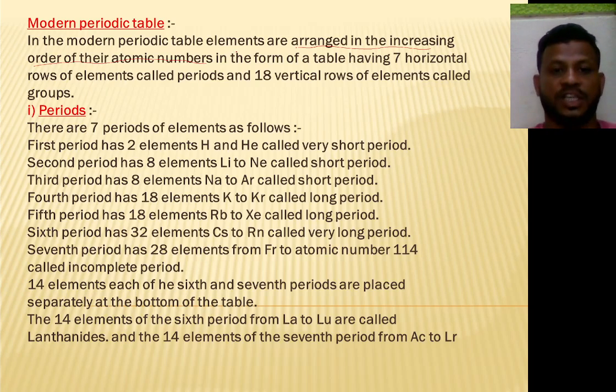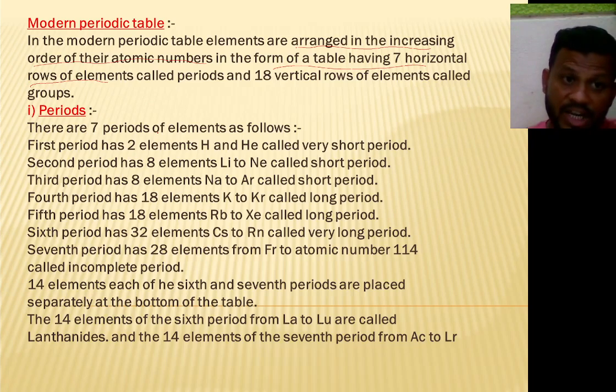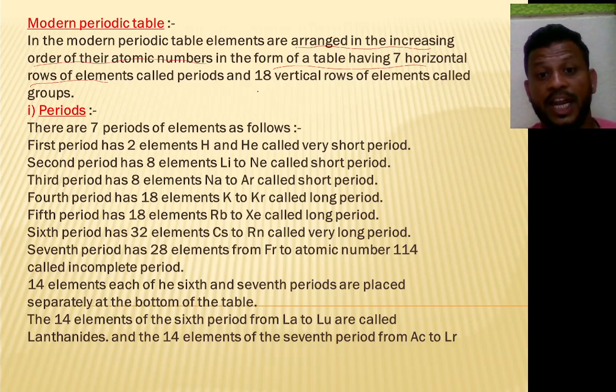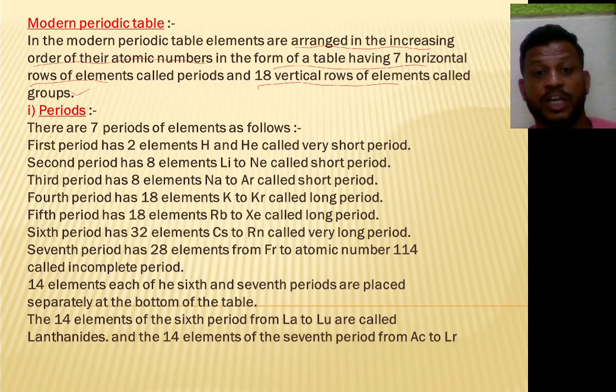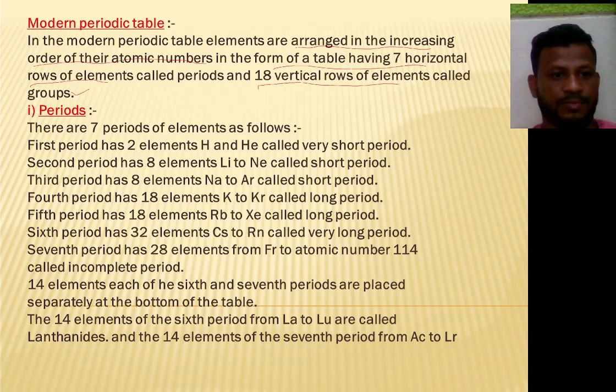They also took the same point to classify the elements in the form of a table having 7 horizontal rows and 18 vertical columns, which are called groups. I showed you in the previous slide that there are 7 rows and 18 columns.